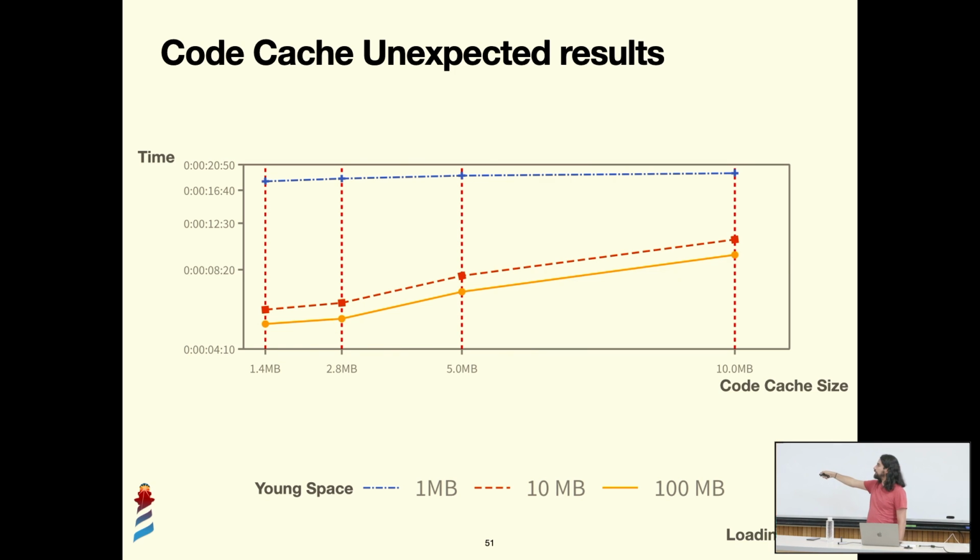So actually, the thing that we observe is that we don't want to have a long code cache. We want to have maybe a larger young space. And why is this? After some more profiling and debugging, we saw that every time that you want to run a garbage collector, you have to go through the code cache because the machine code has references to objects.